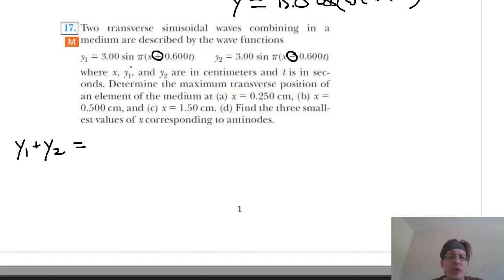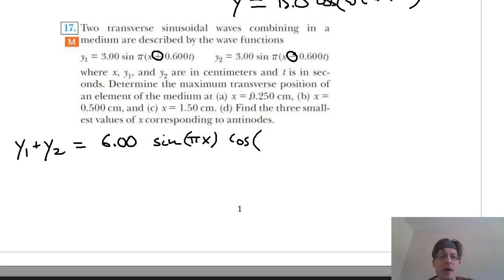I use the sum to product formulas for adding sine of alpha plus sine of beta, and I get 6.00 sine of pi x times cosine of 0.600 pi t.